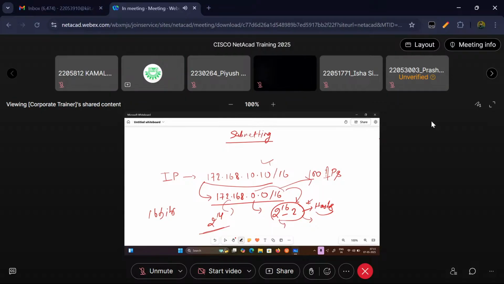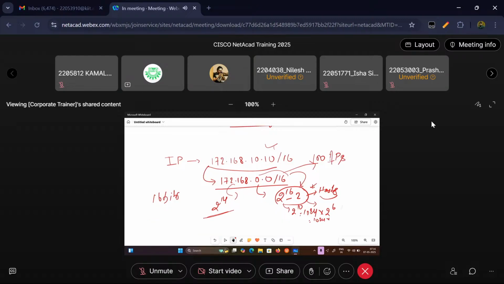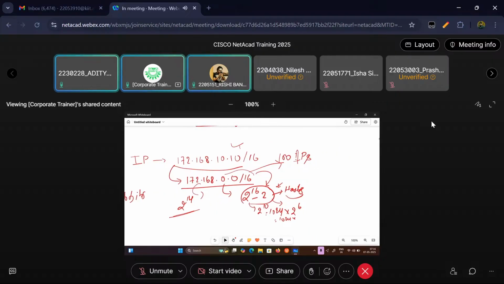Calculate the value of 2 raised to the power 16. How much will you get? 2 raised to the power 10 is 1024. 1024 into 2 raised to the power 6, which is 64. Multiply it: 1024 into 64 gives 65,536. So around 64,000 IPs you have.